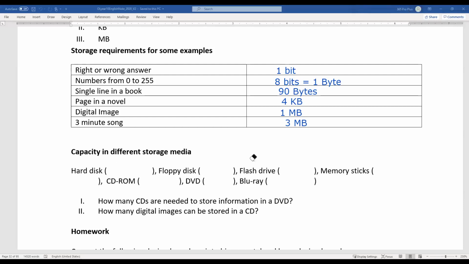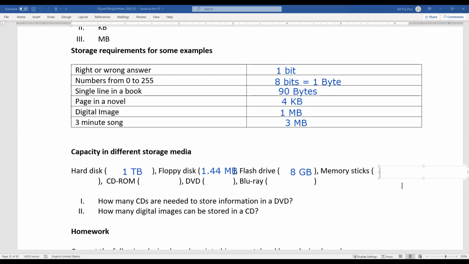Capacity in different storage media: a hard disk, if you're going to purchase nowadays, is about 1 terabyte. Floppy disk is an old one, it had around 1.44 megabytes. Flash drives, maybe 8 gigabytes.